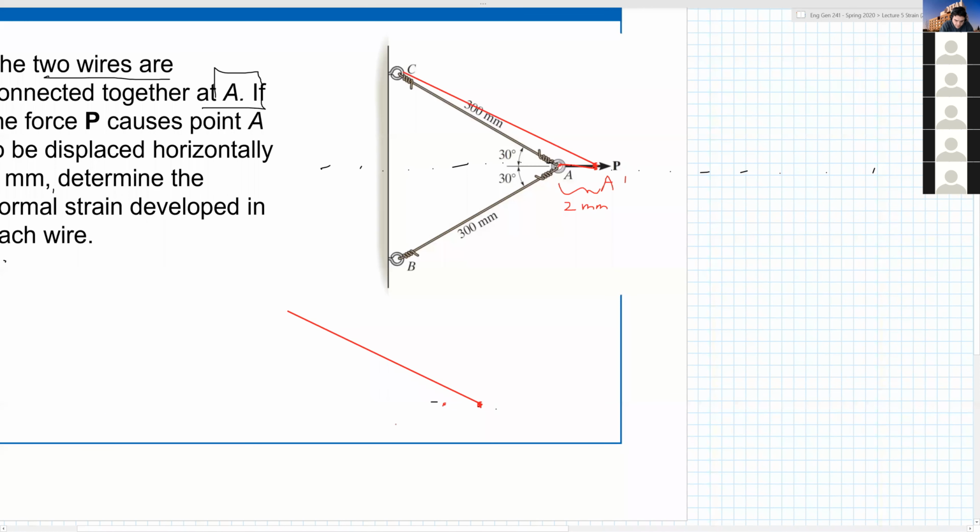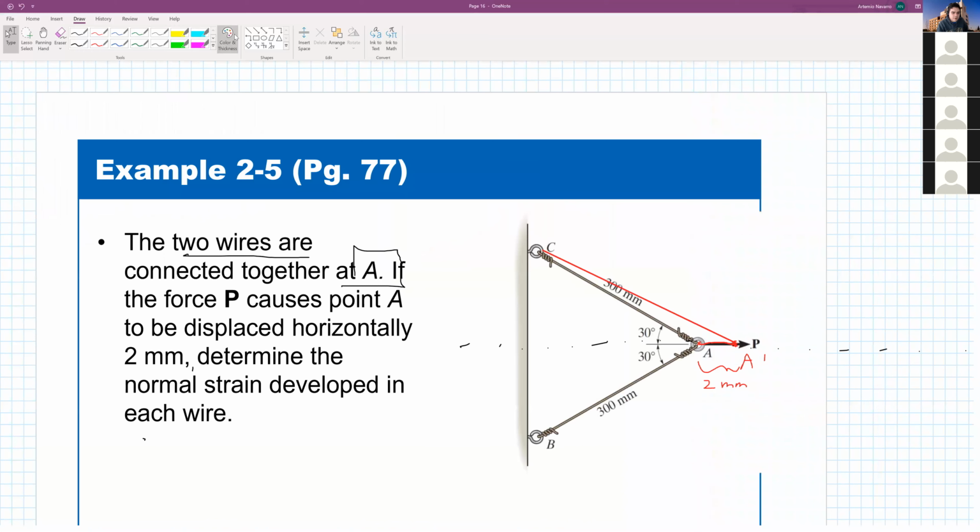Gotta draw that one. It's okay. Try one more time. Draw this line segment here. And then draw one more.